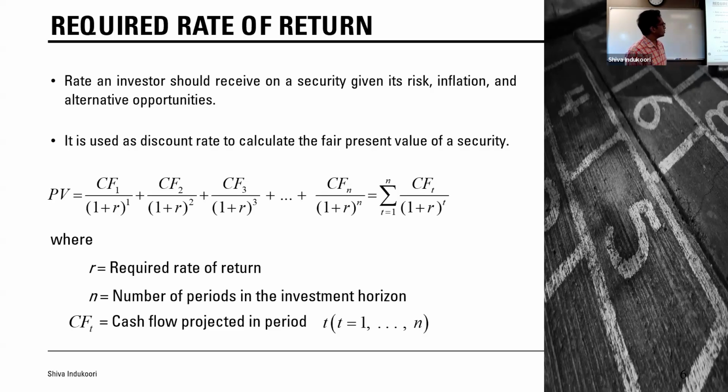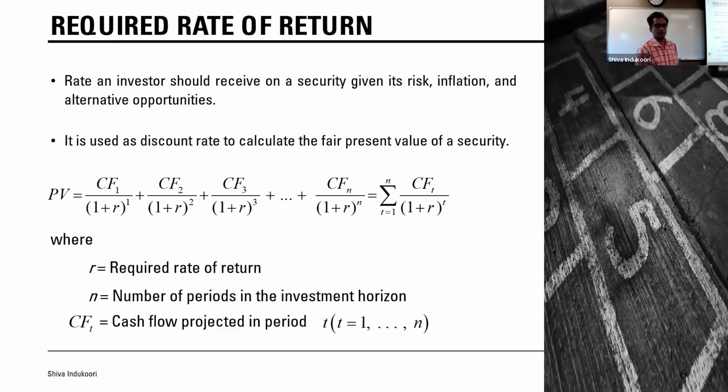So why I'm talking about this is a timeline where an investor is receiving these many cash flows for these many years. Then what is this R? This could be the return on a bond, the return on equity shares. It could be coupon payments on a bond or dividends. We don't know.